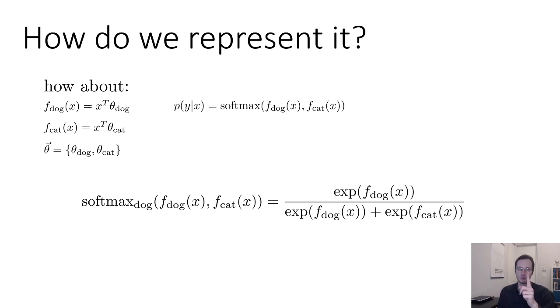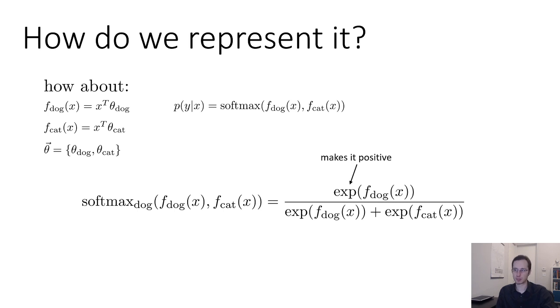So there's a dog input and a cat input, and a dog output and a cat output. So the dog output is the exponential of f dog divided by the exponential of f dog plus the exponential of f cat. What is softmax cat of f dog, f cat? Well, that's just going to be the exponential of f cat divided by the exponential of f dog plus the exponential of f cat.